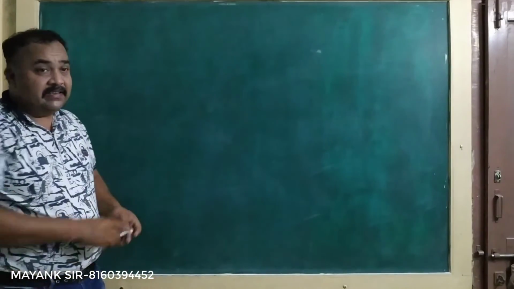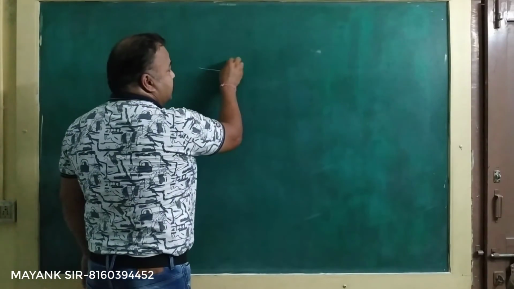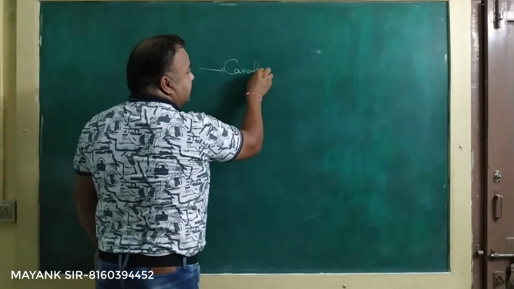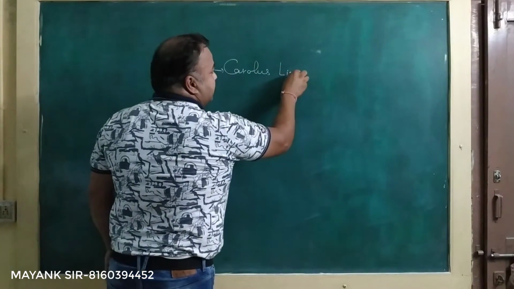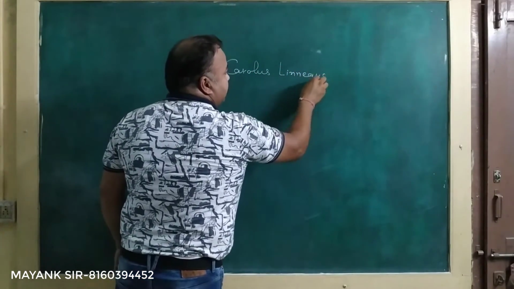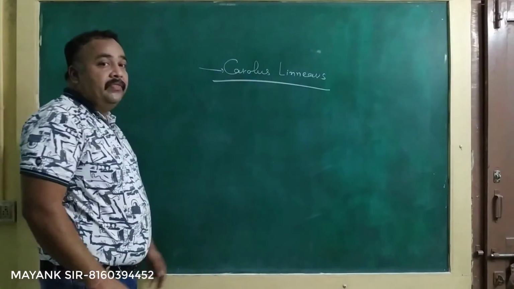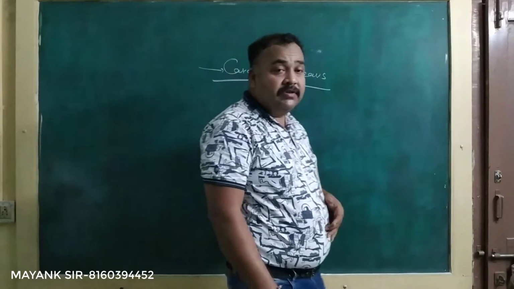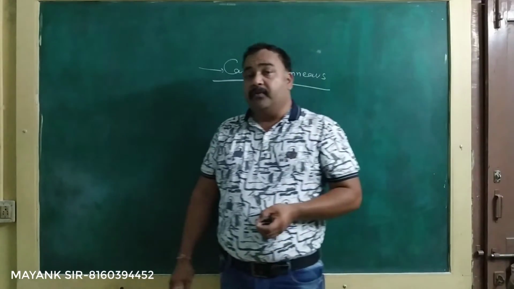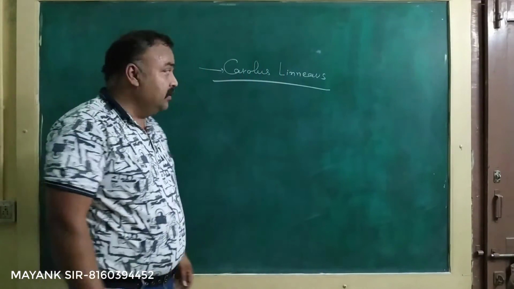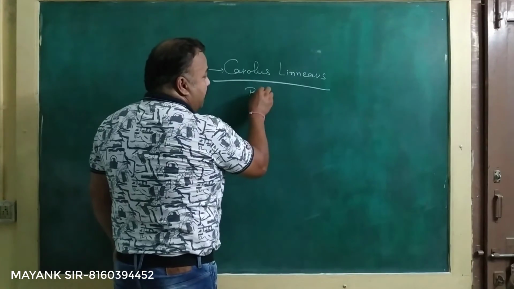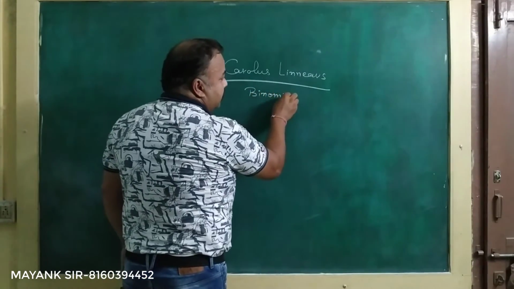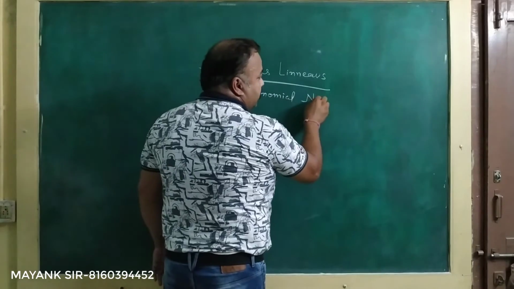So a scientist, a Latin scientist known as Carolus Linnaeus, proposed a method for naming living organisms, which is called binomial nomenclature.